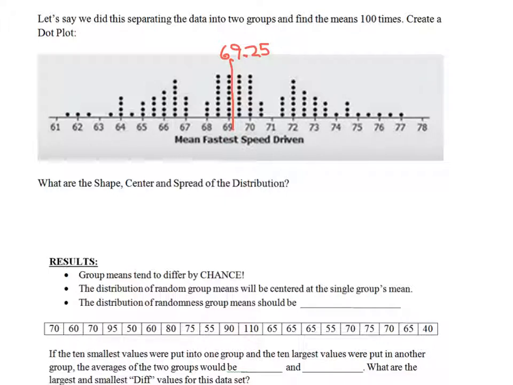Now, when I calculated all of these means of the two separate groups and I plotted them, I see that I ended up with a dot plot that has a shape that is called mound-shaped. It's mound-shaped just because it's got a hill in the center. It's also symmetric around the mean.